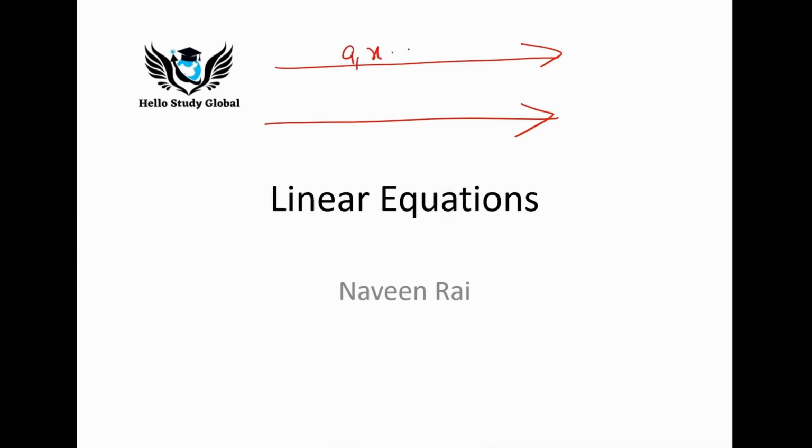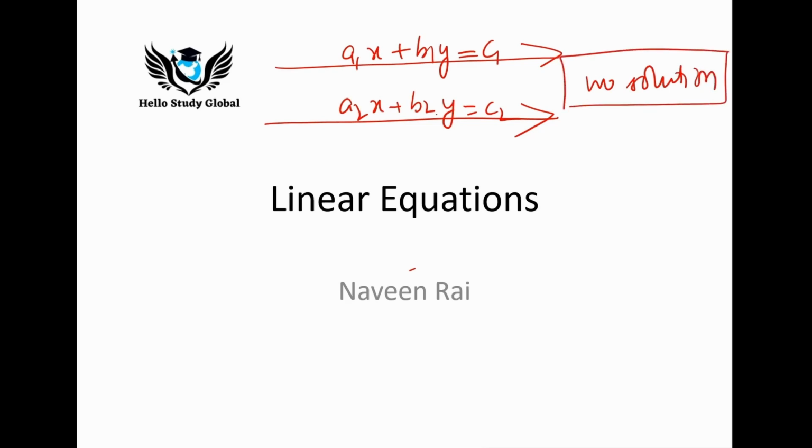Then a1x plus b1y is equal to c1 and a2x plus b2y is equal to c2. These two linear equations would have no solution. So these are a system of linear equations, and here they have no solution.